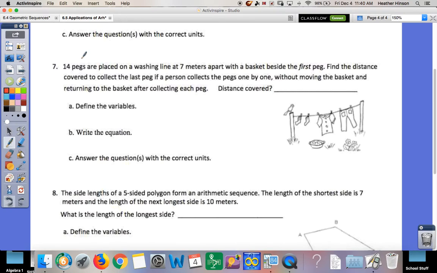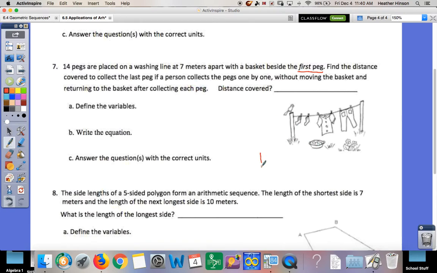So for 7, 14 pegs are placed on a washing line at 7 meters apart with a basket beside the first peg. Find the distance covered to collect the last peg if a person collects the pegs one by one without moving the basket, and they're going to return to the basket after collecting each peg.